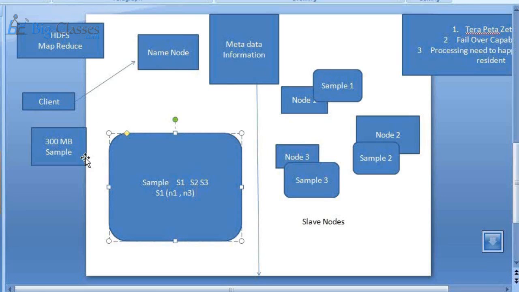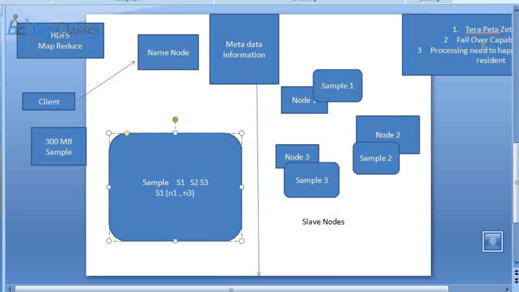Now a couple of questions will be coming here. First, how should the name node know that node 1 has this much total space, and among that, how much is free space and how much is utilized space? Also, I have told you about failure capability.